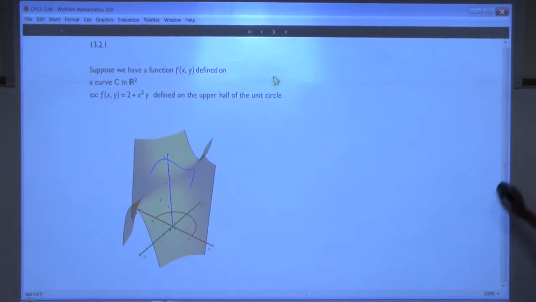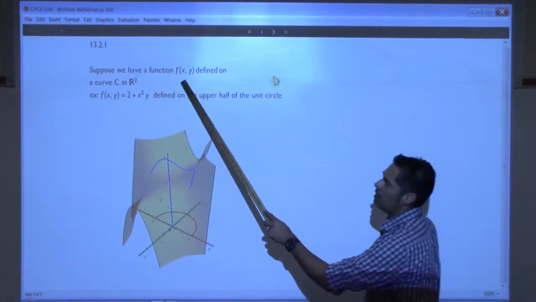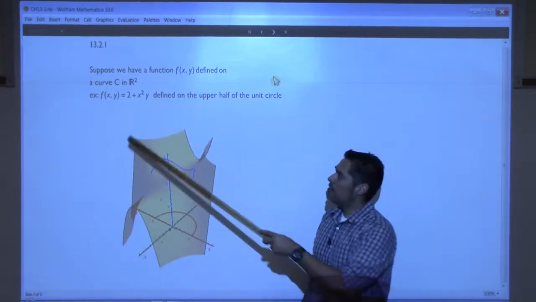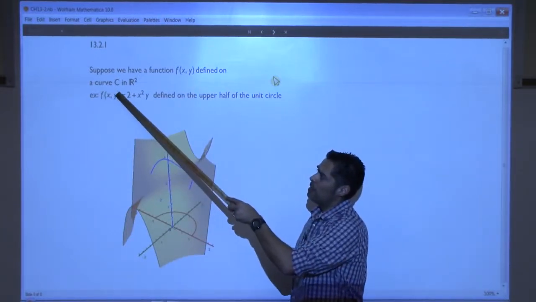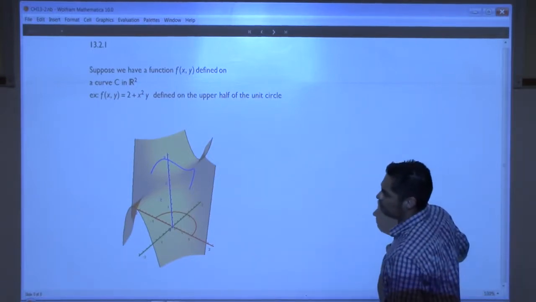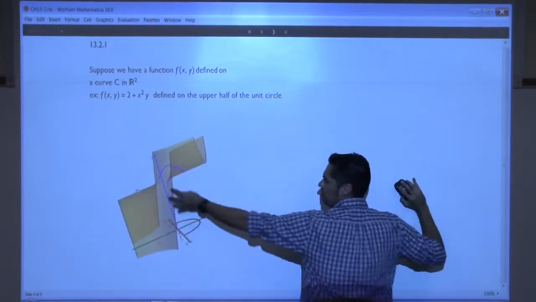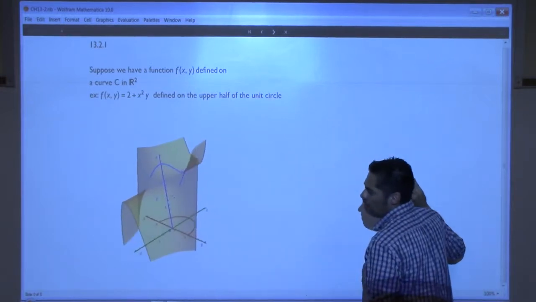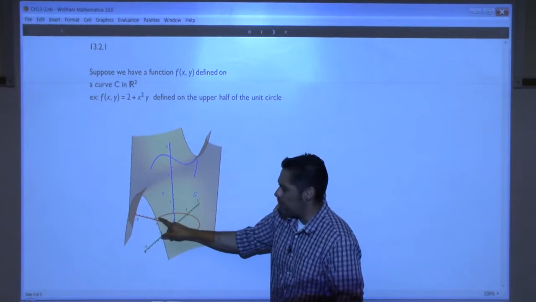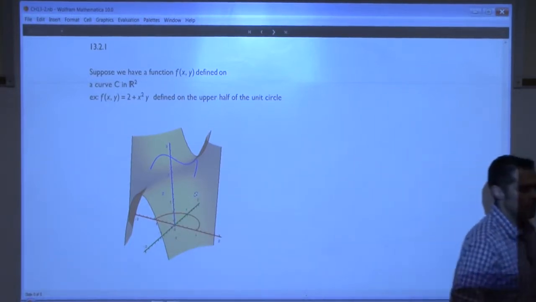So let's imagine that we have a function of two variables, which we know is a surface, right? And we have a curve C in two-dimensional space. So we have this surface right here. And then on the ground, we have this red curve in two-dimensional space.